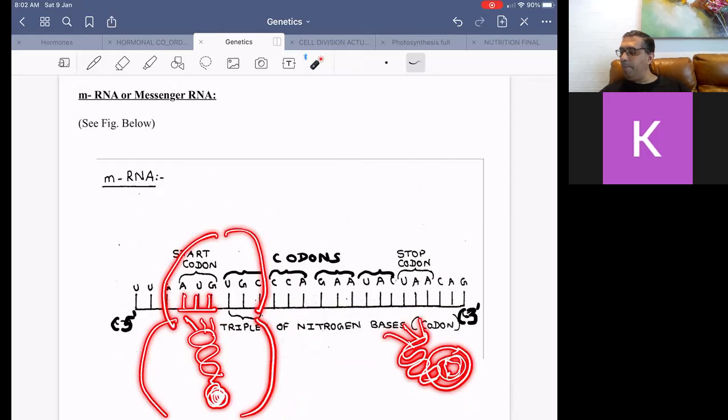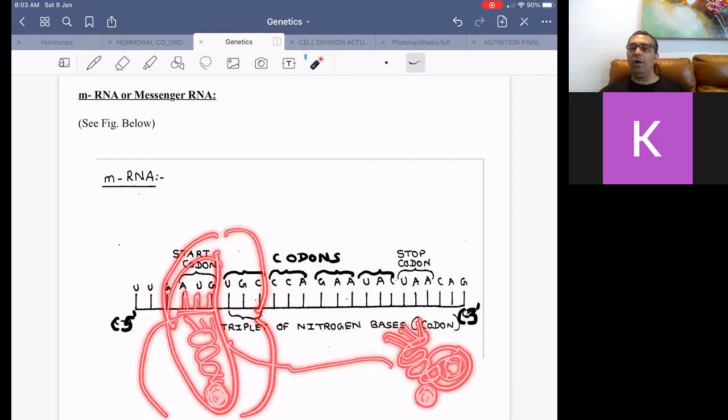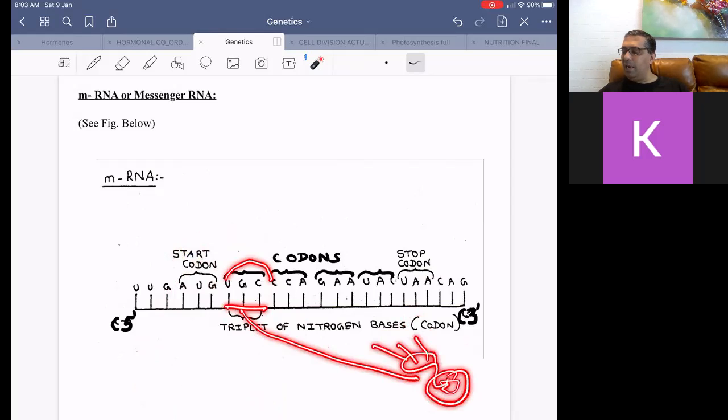And tRNA will pick up one amino acid and deliver it from the cytoplasm into the ribosome, and tRNA will deliver the amino acid to the start codon. So the start codon AUG will have one amino acid delivered. Similarly, the second codon is read. It will attract one more amino acid, and tRNA will pick up the amino acid and deliver it into the ribosome.